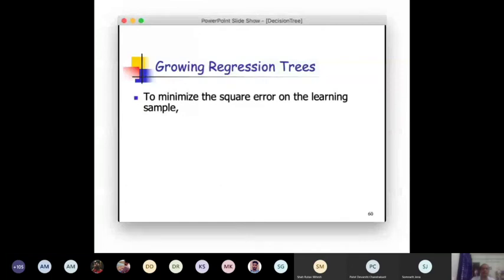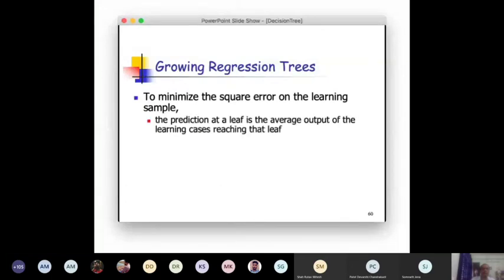And here the criterion is to minimize the squared error on the learning sample. The prediction at a leaf is the average output of the learning cases reaching that leaf, which means you consider a leaf to be homogeneous. Earlier, when you were considering a leaf to be pure, all the instances in a leaf node should have the same class levels.